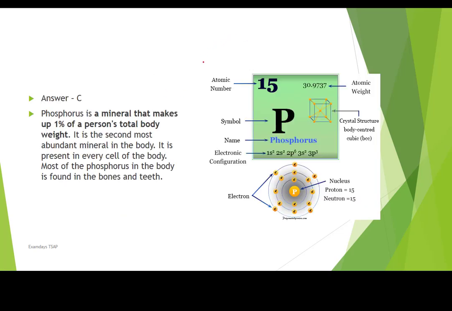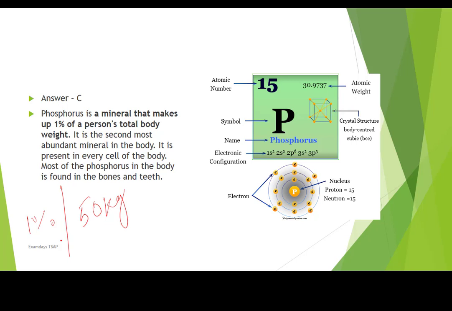So phosphorus is a mineral that makes up 1% of a person's total body weight. For example, if your body weight is 50 kg, then this mineral makes up 1% of the total body weight. It is the second most abundant mineral in the body, present in every cell of the body.